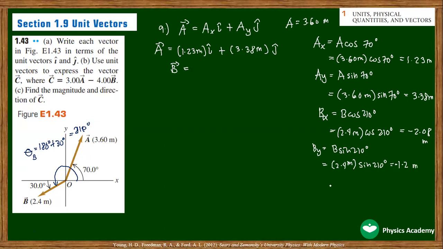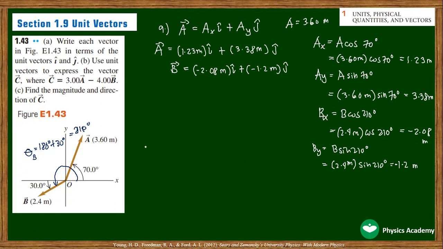So you can rewrite your vector B as negative 2.08 meters i hat plus negative 1.2 meters j hat. So that is the answer for letter A.